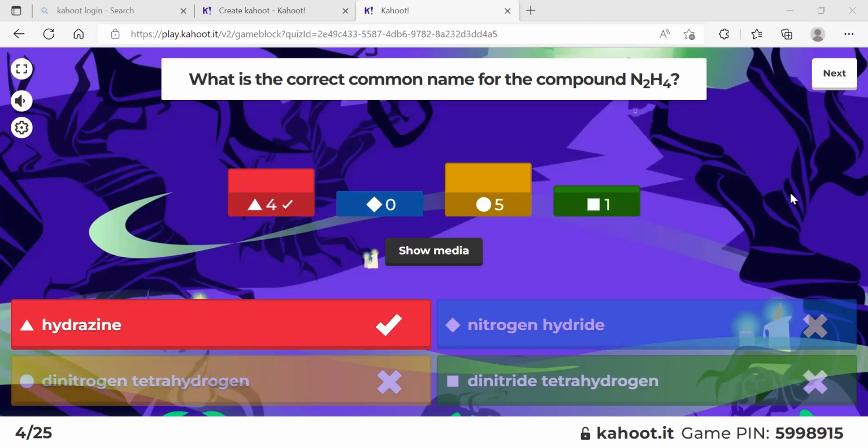You must know it. In there, you will see that N2H4 is hydrazine. So make sure that you know the common names for the other ones that are part of that table. You have phosphine, you have ammonia, you have water, you have nitric oxide, you have nitrous oxide. Make sure that you have that table handy for the exam, okay?